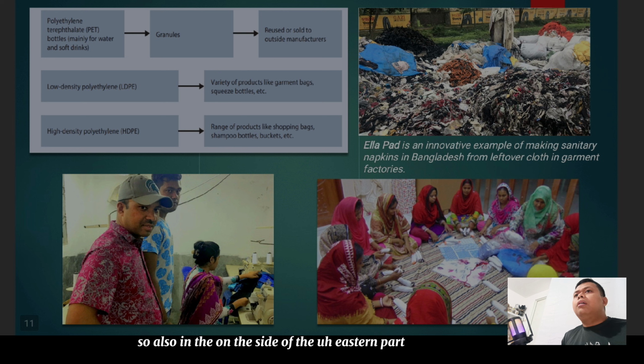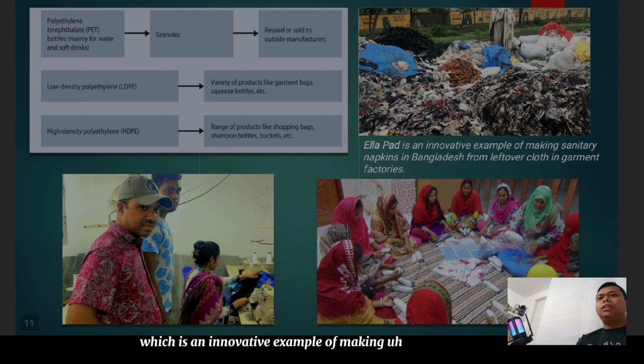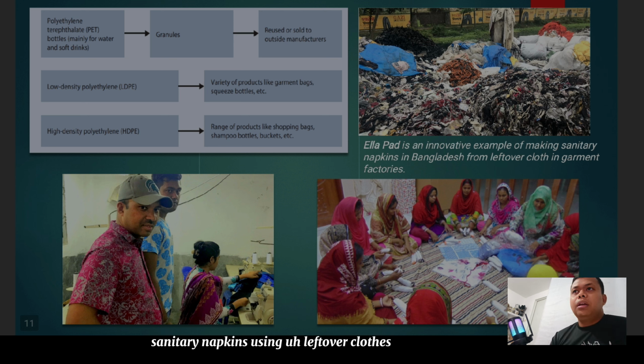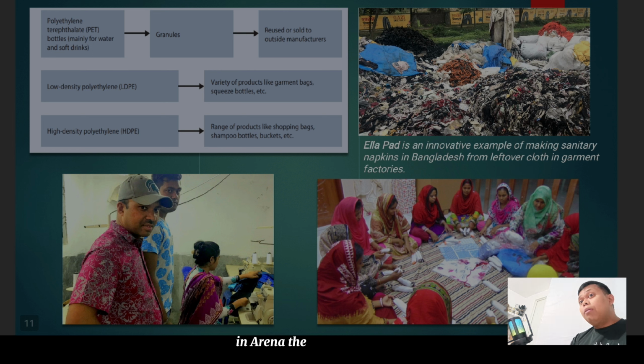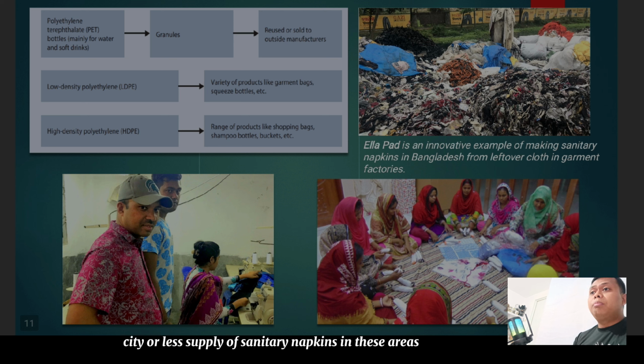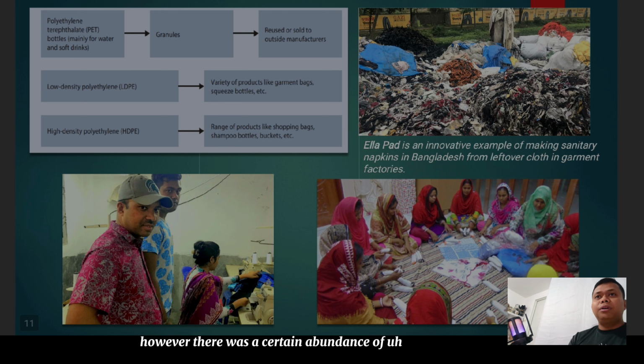So also on the side of the eastern part, I guess, is the Elapad, which is an innovative example of making sanitary napkins using leftover cloth. So basically, adaptation of the circular economy in a way na there was a scarcity or less supply of sanitary napkins in these areas. However, there was a certain abundance of waste or leftover cloth.